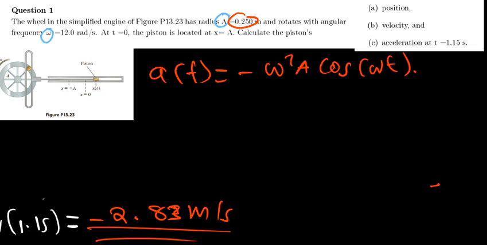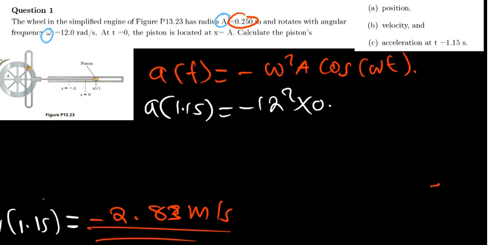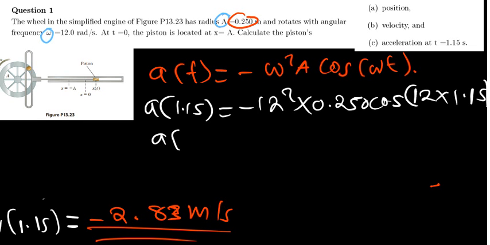In a case where you are having some challenges on how to derive them. Okay, so we have 1.15, and then we have this. So this is going to be 12 squared times 0.250, with cos of 12 times 1.15. So 12 squared times 0.250 gives me 36.